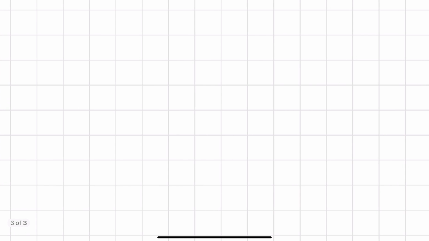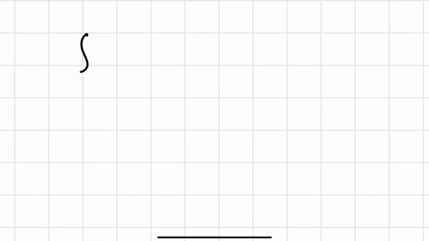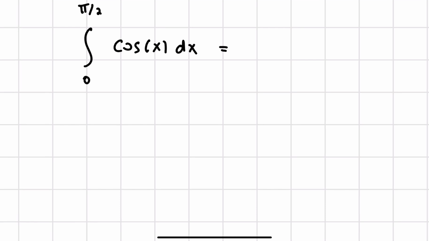In our next example, let's do the integral of cosine x, and then the bounds would be from 0 to pi over 2. Okay, so let's evaluate the antiderivative. The antiderivative of cosine is simply sine.